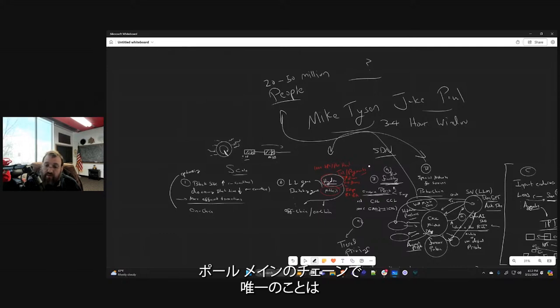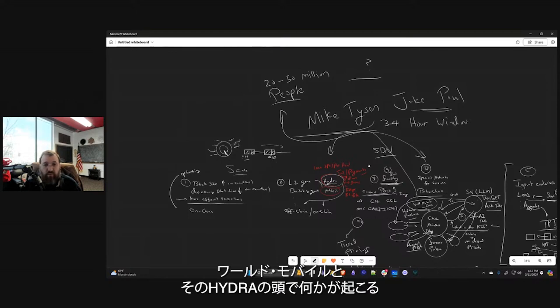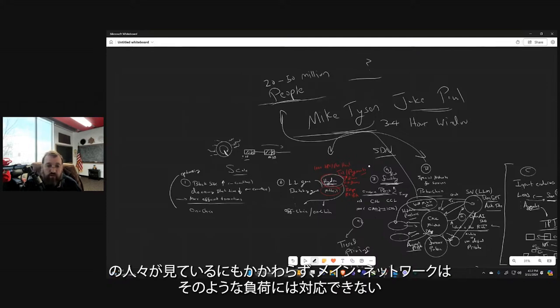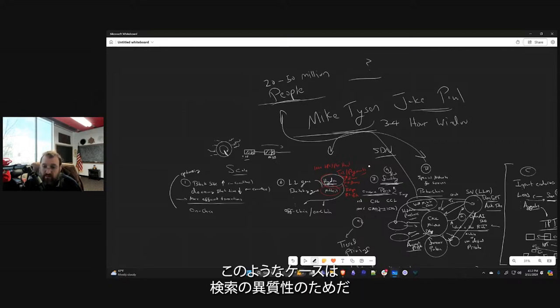So on the main chain, the only thing that happens is that funds get batched together and a giant transaction occurs at the end of the fight to settle to Mike Tyson and to Jake Paul for whatever they've gotten tipped. And then some stuff happens with World Mobile and some stuff happens with that Hydra head, but relatively de minimis. So even though 20 to 50 million people are watching, the main network doesn't deal with that type of load. You need these cases for surge heterogeneity.